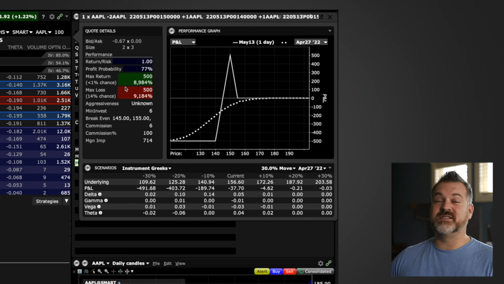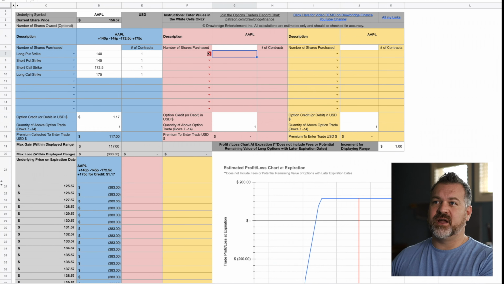Now, one of the things I don't like about the brokerage is that they're always assuming that my entry is the ask price. And the ask here is 0, but I'm not going to open it for $0. So let's enter this trade into my comparison calculator for what we actually think we're going to get. Similarly to the blue trade, I'm going to just choose my options.